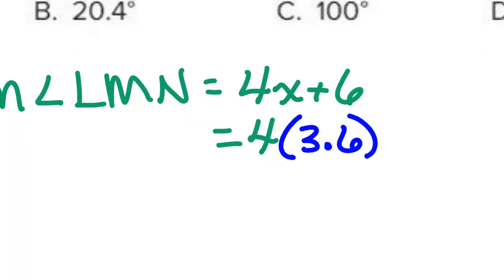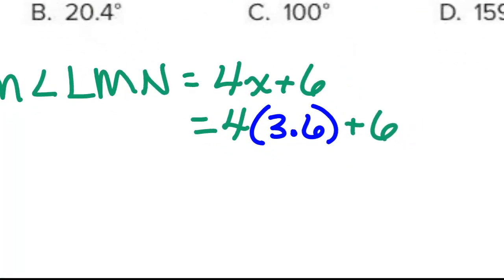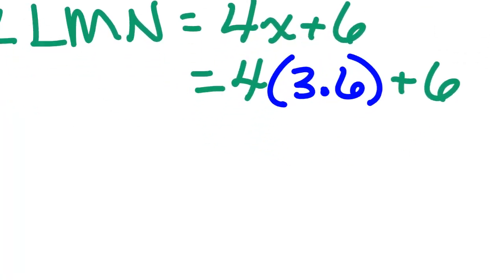And we just figured out that x is how big? 3.6. So 4 times 3.6 plus 6. What is 4 times 3.6? Grab a calculator if you need to. 14.4.